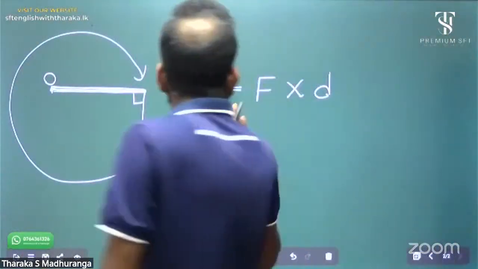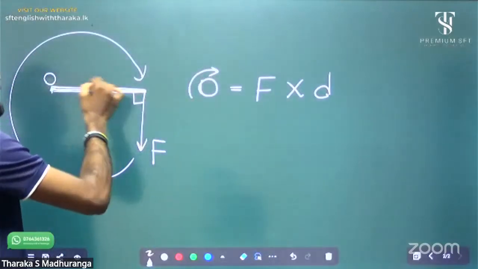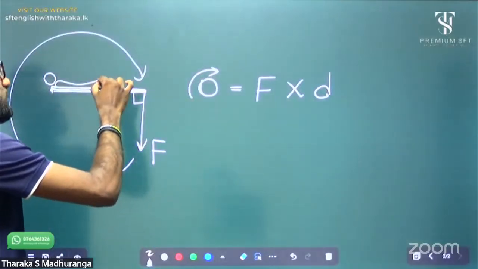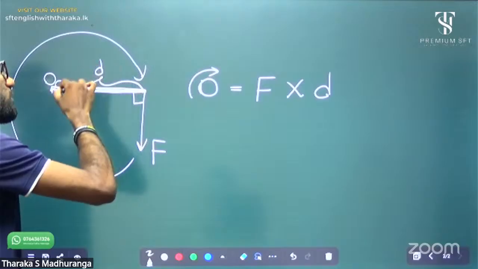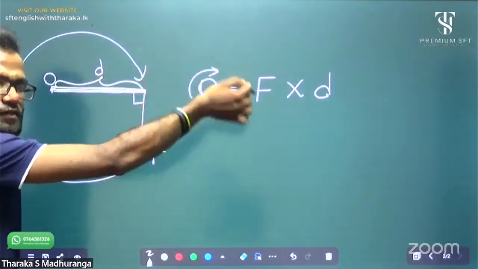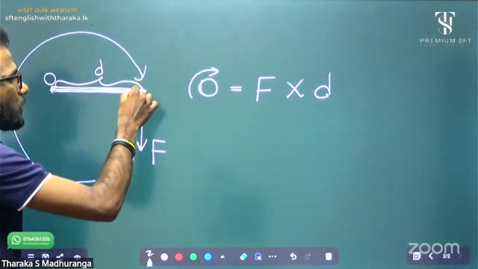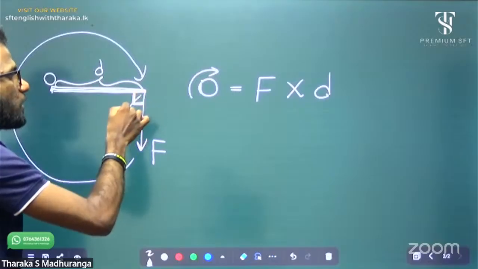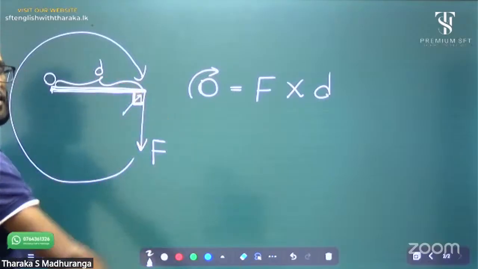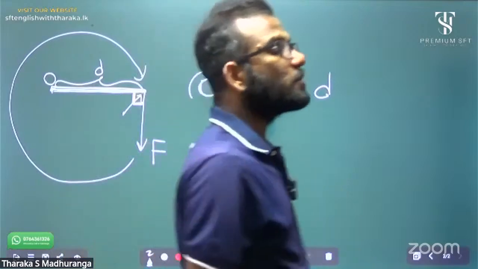Perpendicular distance means we always have to maintain a 90-degree angle between the force and the distance. Okay, that's a moment of force.